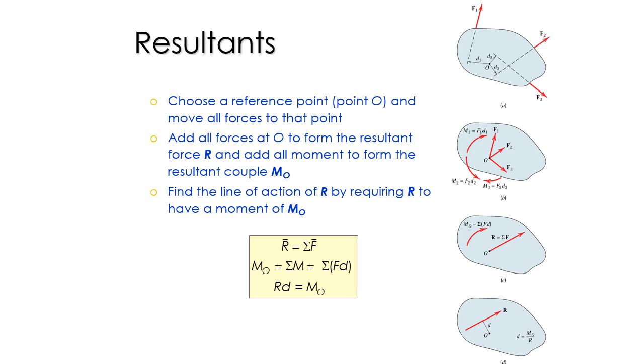Then the summation of moments is equal to the summation of forces times the perpendicular distance. So, for example, moment at O is equal to R times d, wherein R is our resultant force and d is the perpendicular distance.